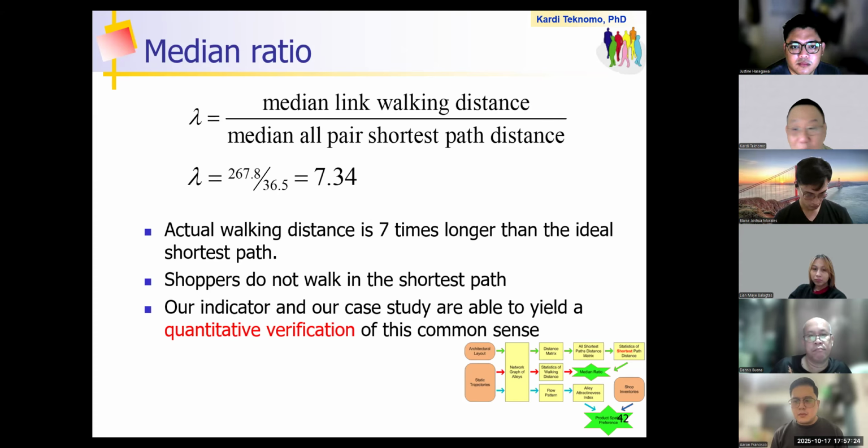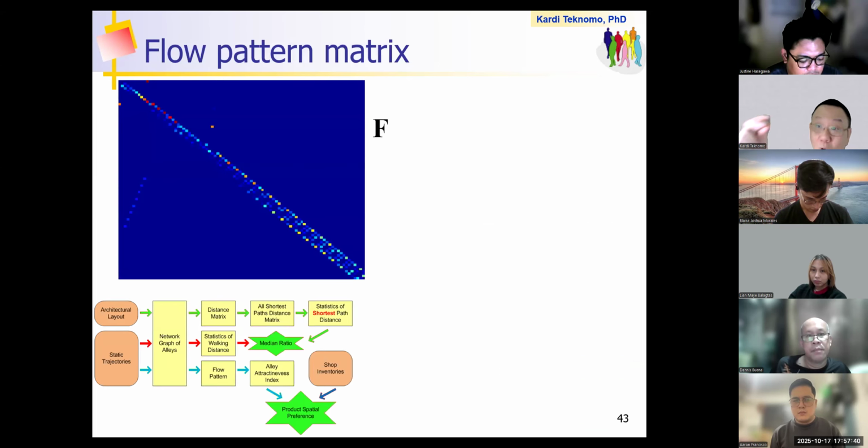Yes, we know this: shopping is always longer than the shortest path. But how much longer? Or when can we actually do this kind of study? Interesting part. So now we get the flow pattern.